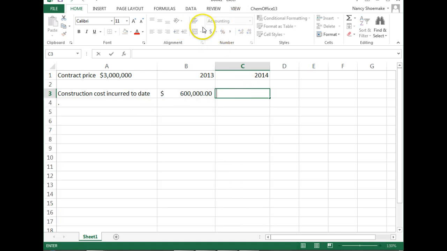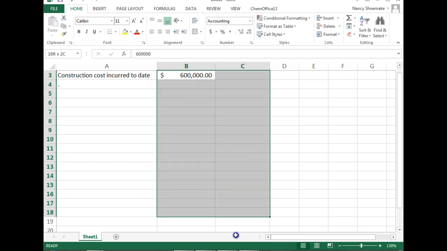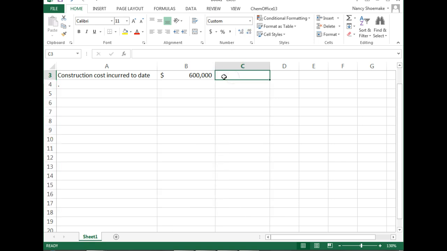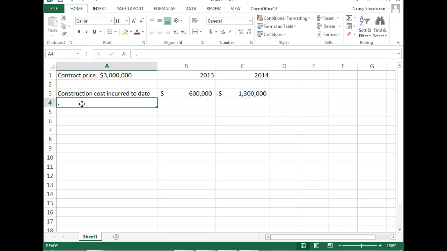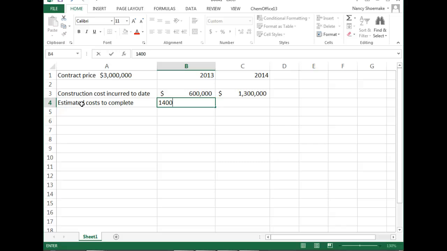And over here, in 2014, it's 1,300,000, right? Then our estimated costs to complete in 2013, 1,400,000.